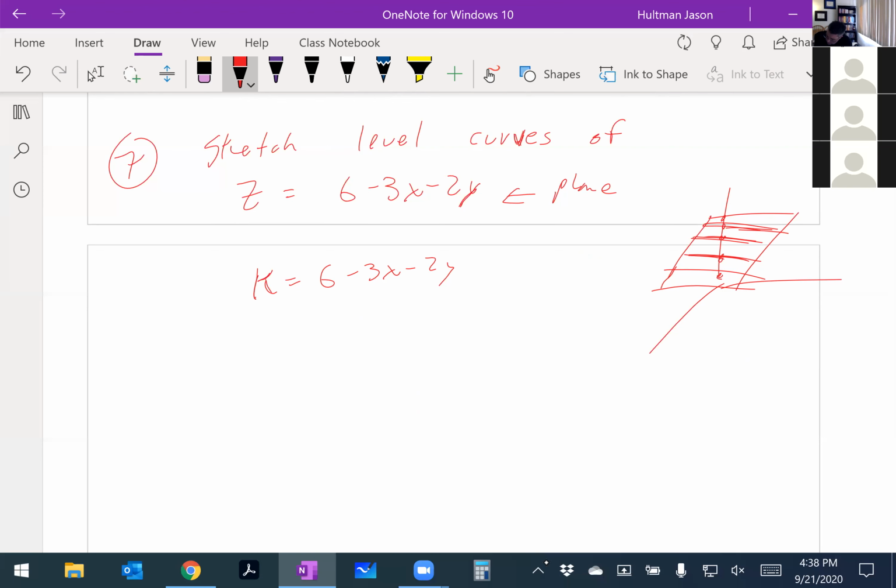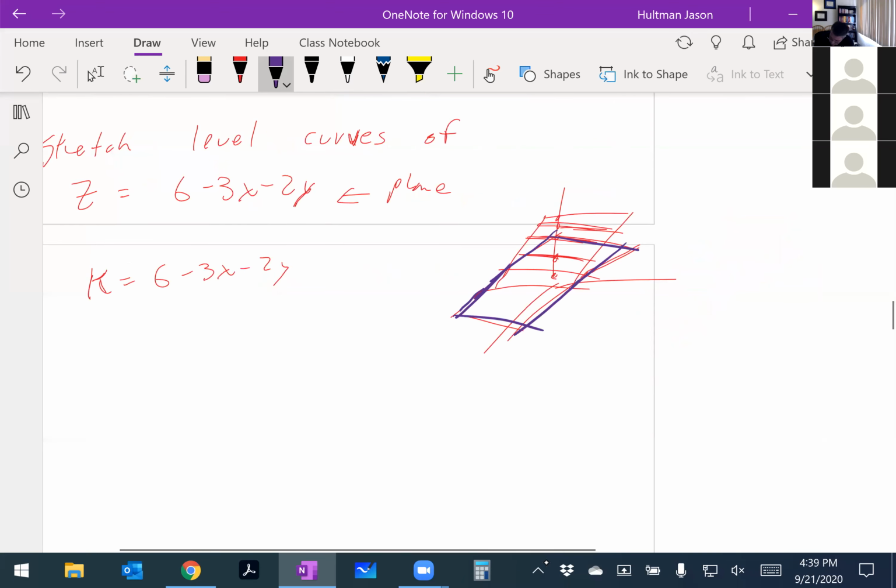Because you would slice these, right? And so what's the intersection of two planes? Well, the intersection of two planes is a line. Whoa, come back.